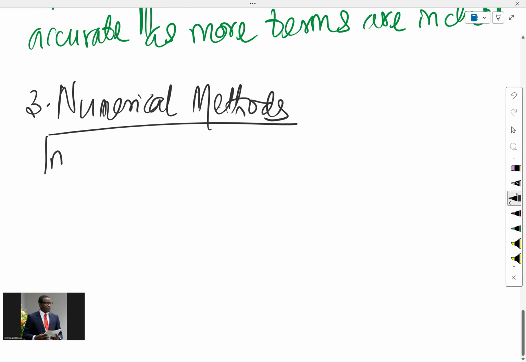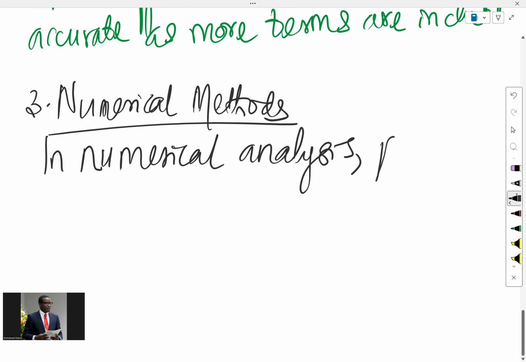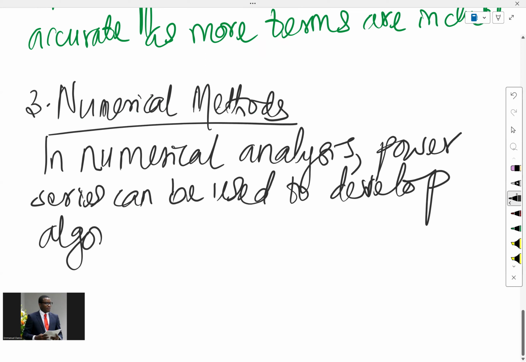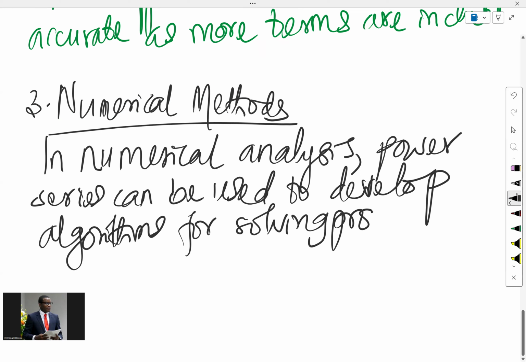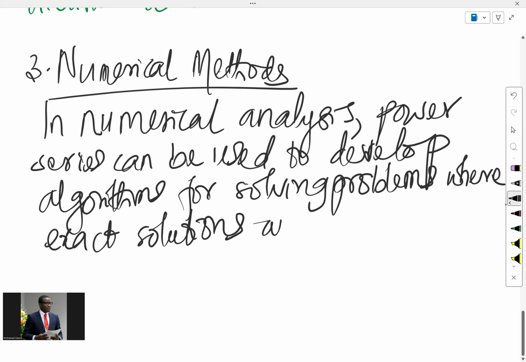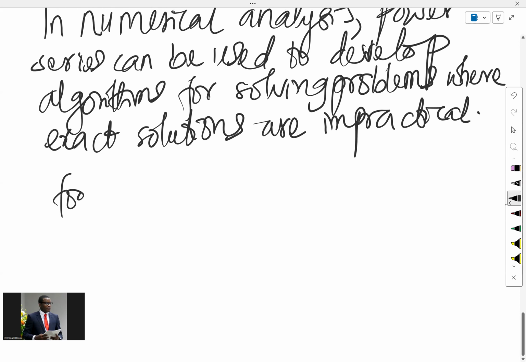So in numerical analysis, power series can be used to develop algorithms for solving problems where exact solutions are impractical and not practically obtainable, right? They're impractical.